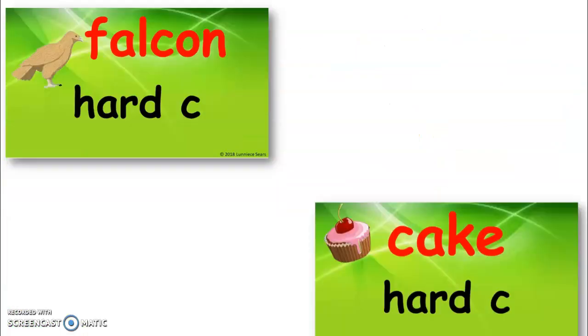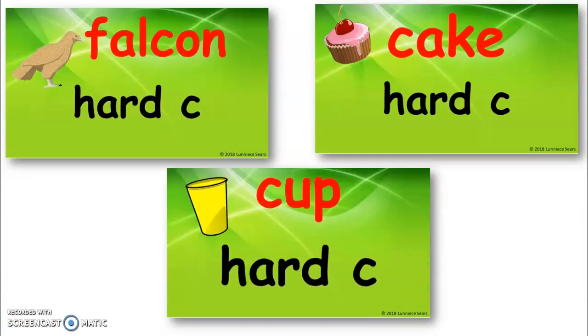Like in the word falcon, cake, and cup. The C is followed by the letter O in falcon, and it makes the hard C, K. In the word cake, the C is followed by an A, and it makes the K sound. That is the hard C. In the word cup, the C is followed by the letter U, and it makes the K sound, and that is the hard C.